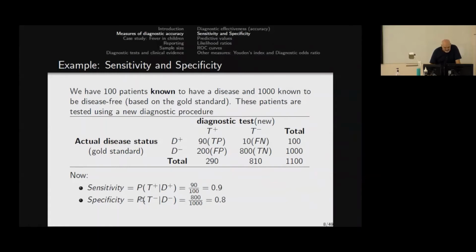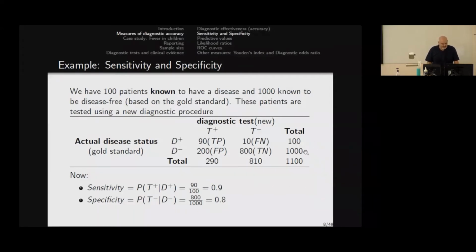The specificity is the number of people we said were negative who were really negative. So we got 80% of people who truly didn't have the disease, we identified as not having the disease. Now that's quite simple really, okay? It's quite simple to work this out. In this case, because the numbers are so nice and round, you could just do it in your head.